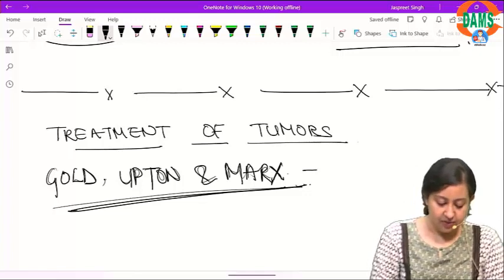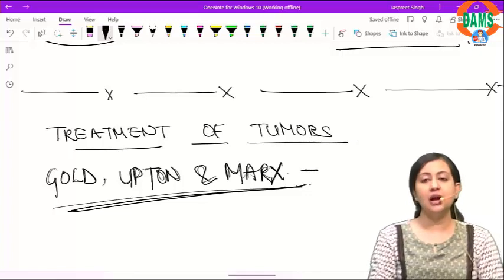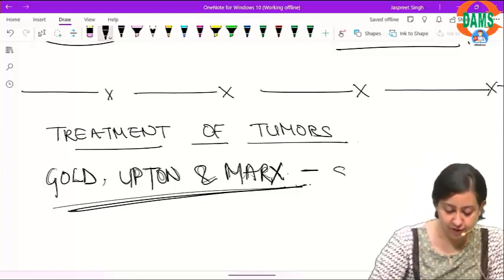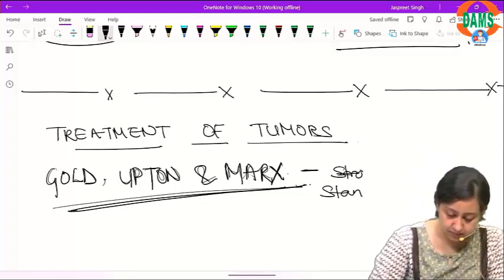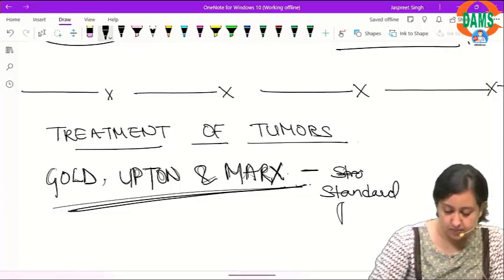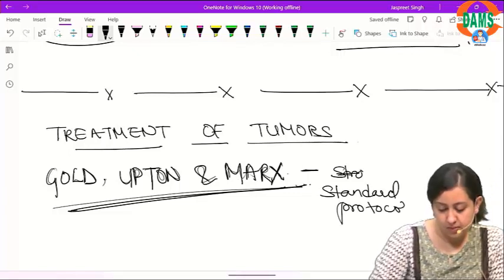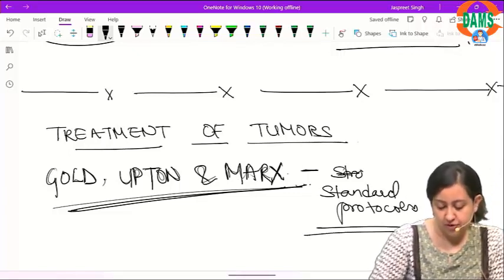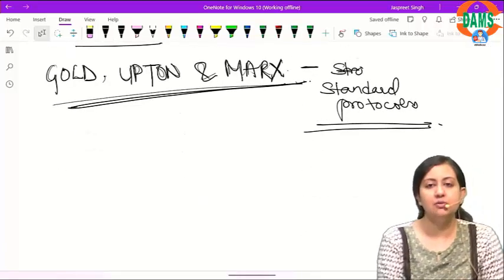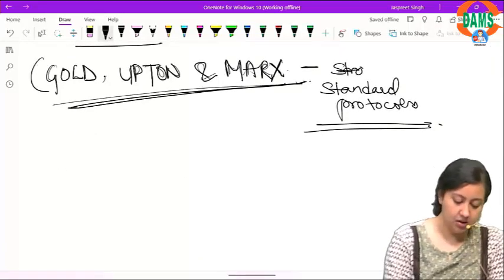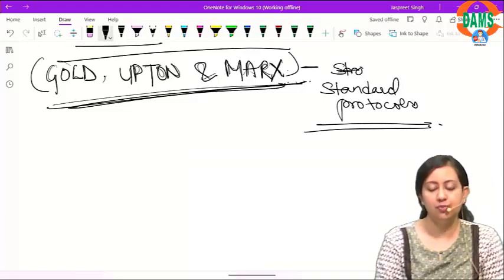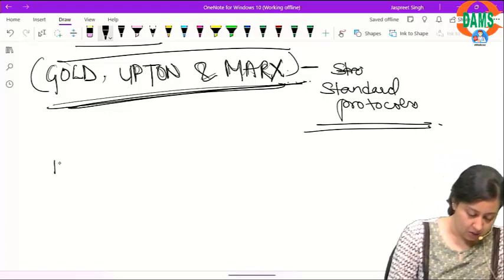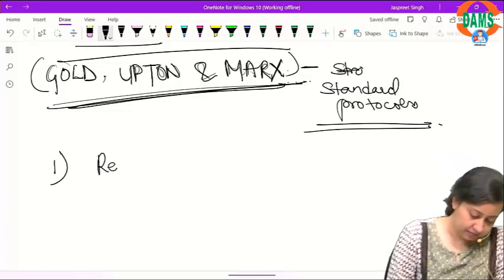They gave certain guidelines for treatment of tumors, or they gave standard protocols. These three gentlemen gave standard protocols for treatment of tumors. Now, what did they say?